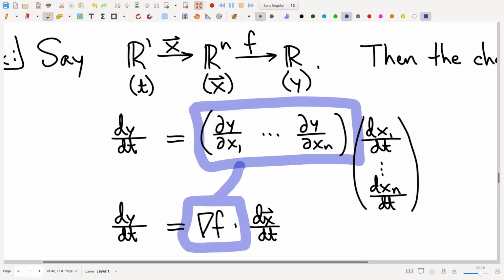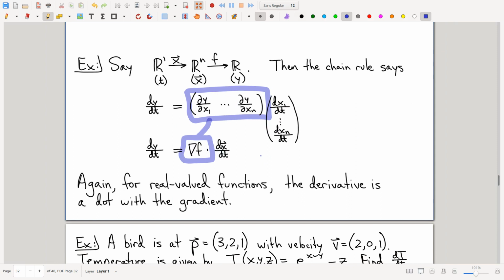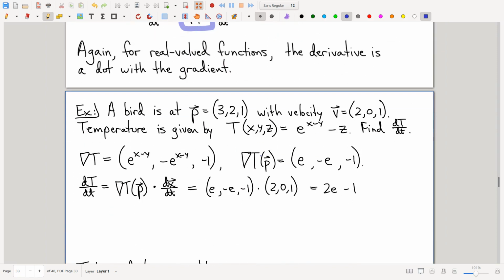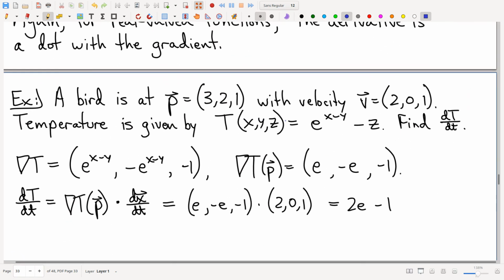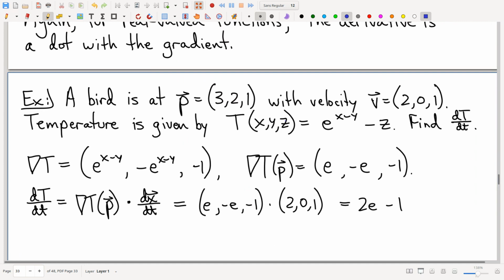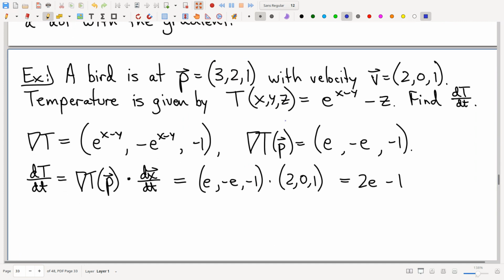So again, another example that really is several sections too late, arguably. We totally could have done this example and I'm thinking about moving it around so that we'll literally see it as a 2.3 example where we have exactly the above scenario. Notice I have a real valued function here of 3 variables, so one output from this function.